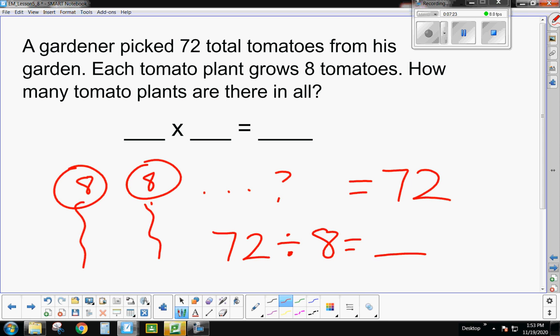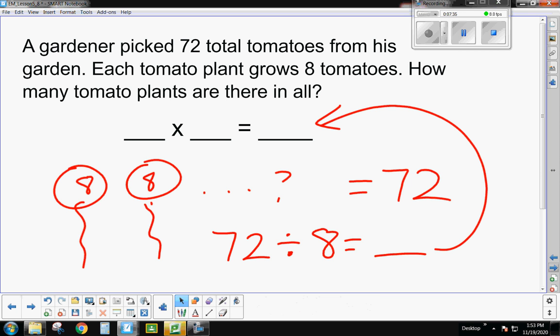All right, so here's what I want you to do. I want you to turn this into a missing factor number model and solve it. Pause the video. All right, so when I turn this around to a multiplication problem, I'm going to have 8 times something equals 72.